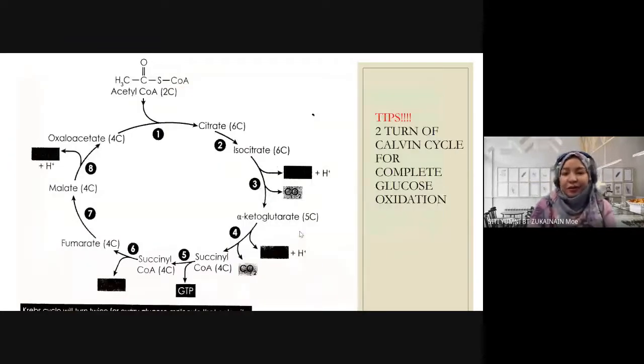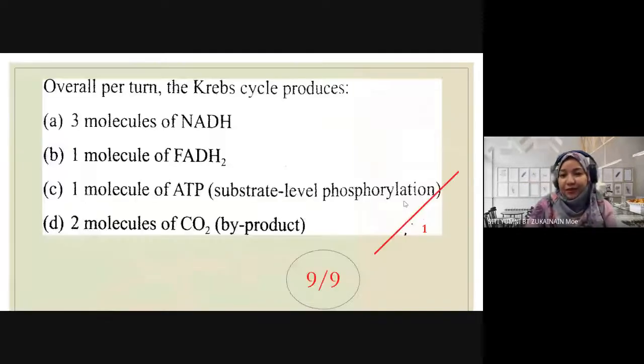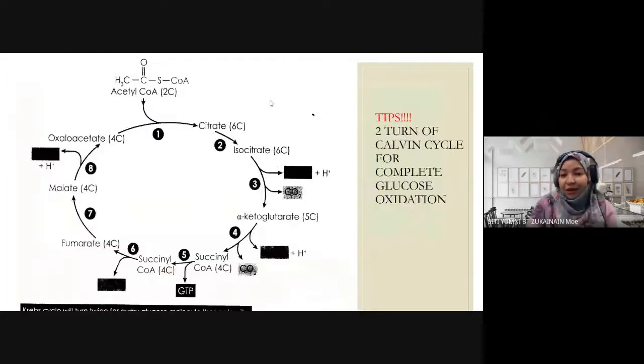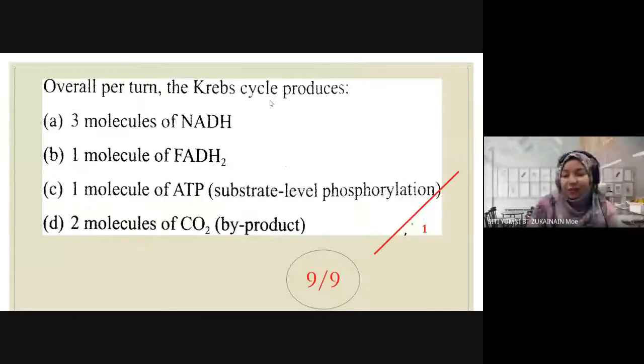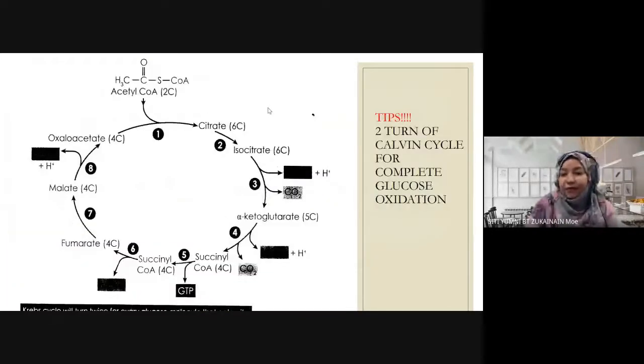I just want to revise with you again. Two turns of the Krebs cycle for complete glucose oxidation. Previously, this was 1 turn of the Krebs cycle and the production of 1 turn. However, one glucose molecule in complete glucose oxidation needs the Krebs cycle to turn twice.